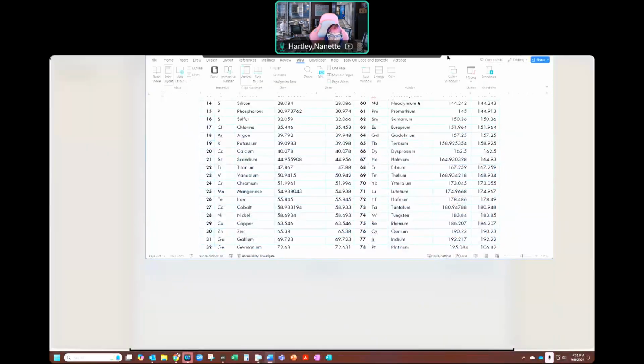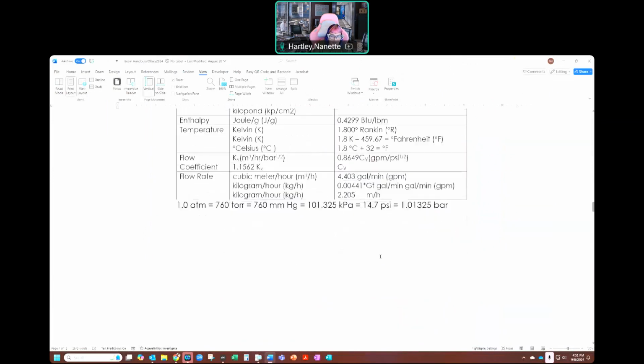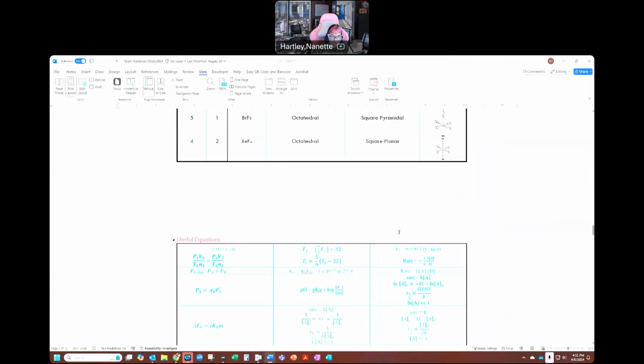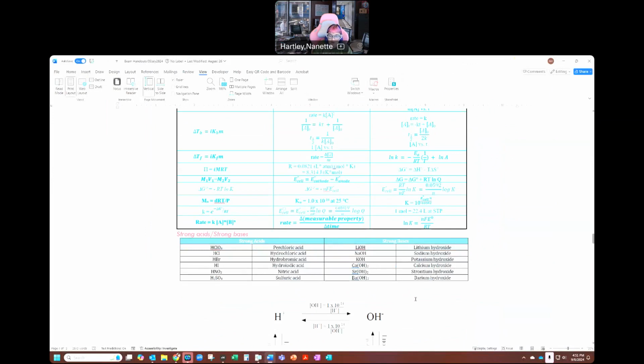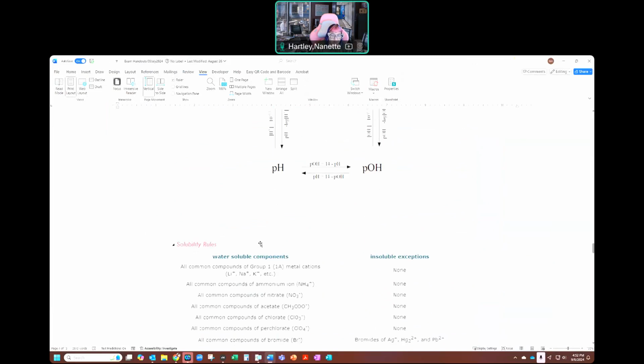So places where I talk about this. Strong acids, strong bases. Obviously, there are other reasons that we talk about whether they're strong acids or strong bases, but this is one of the places where we talk about whether they're strong or weak electrolytes. If they're in the strong list, then they completely ionize. So that's one thing.